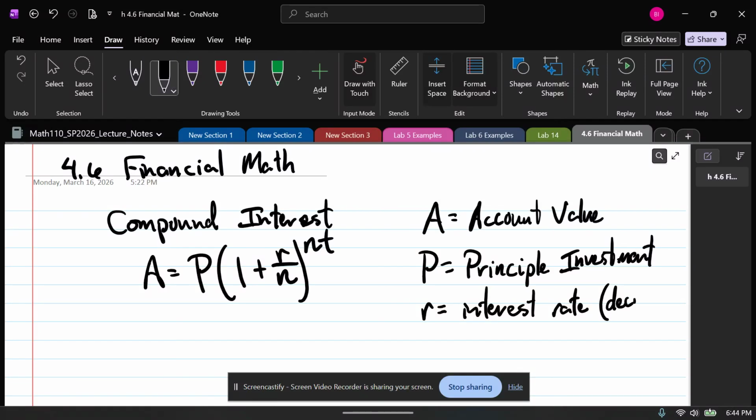And I'm going to write decimal because you'll get an interest rate as a percent. We need to put it in as a decimal into the formula. And then N is the number of times compounded per year.